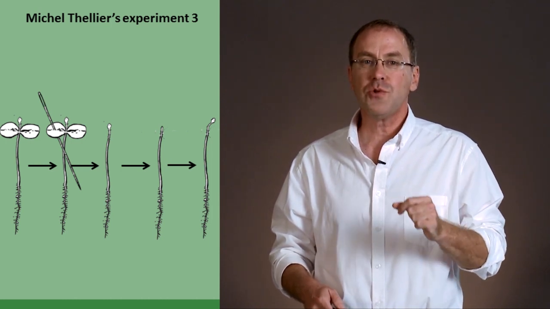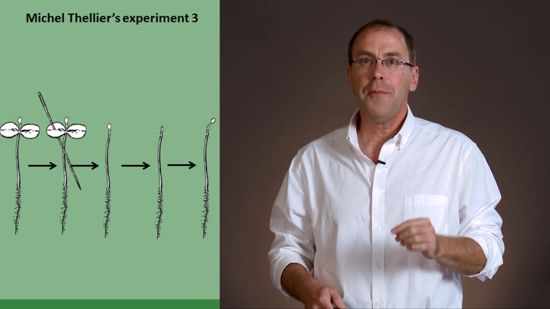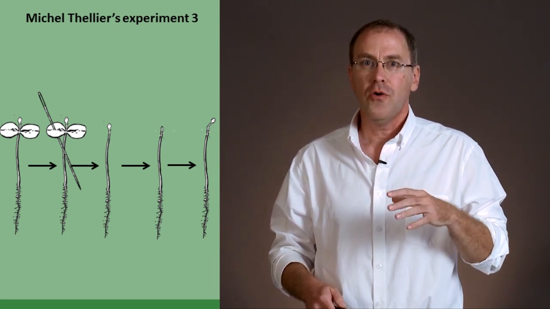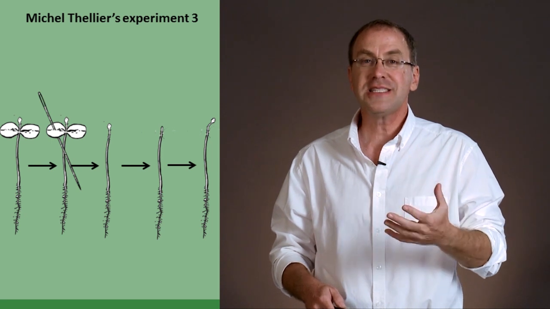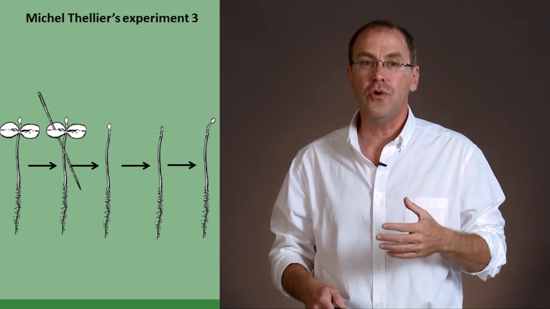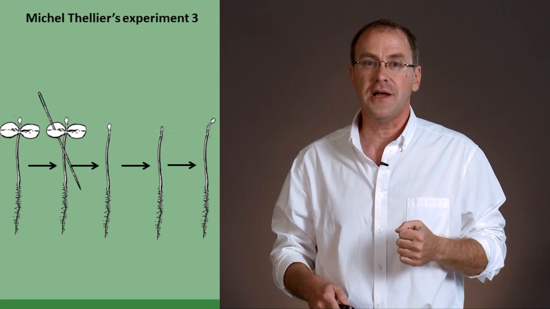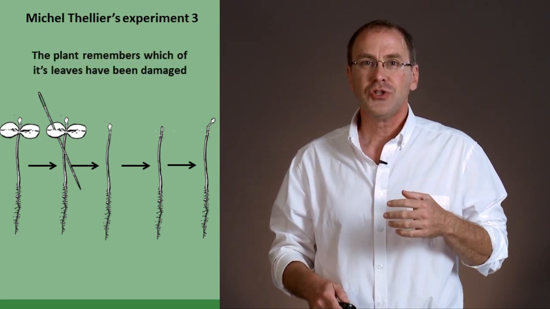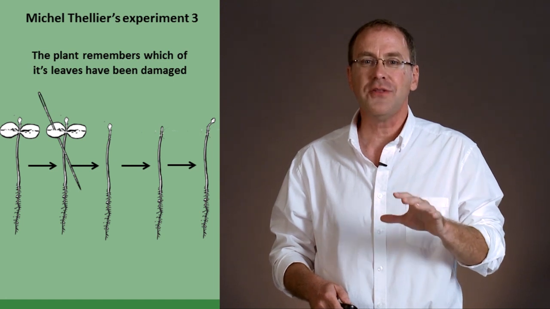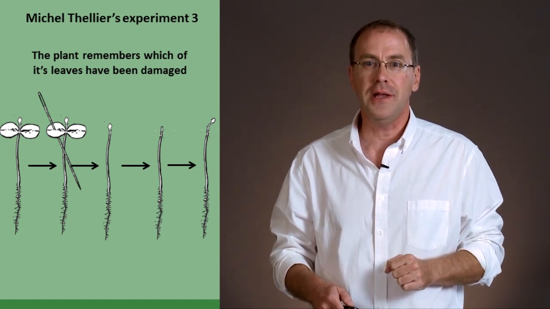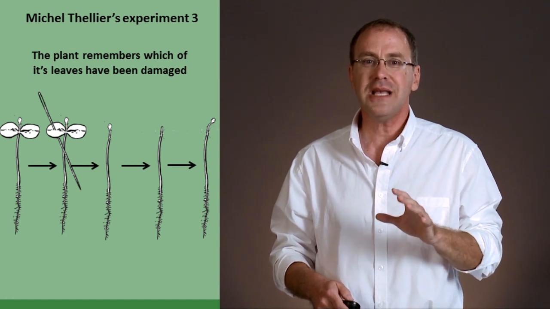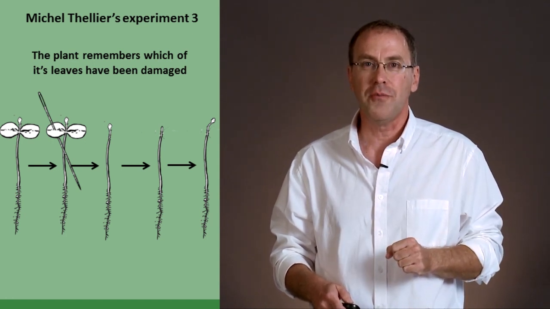Once the apical bud was removed, the lateral bud opposite the original wounded cotyledon, that means the lateral bud next to the untreated cotyledon, grew more than the one on the other side, the one that was next to the stabbed cotyledon. So the jury, though, is still out on how this information is stored in the apical bud, but one promising option is that the signal is somehow connected to the phytohormone auxin.